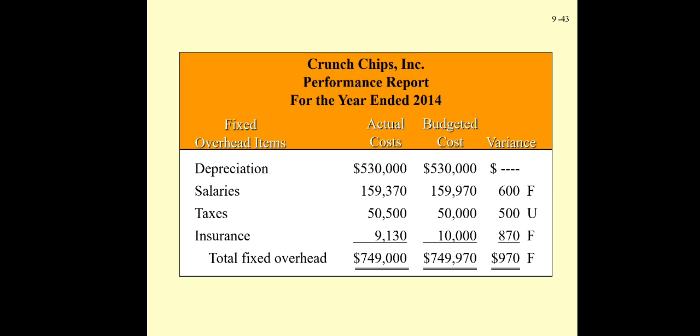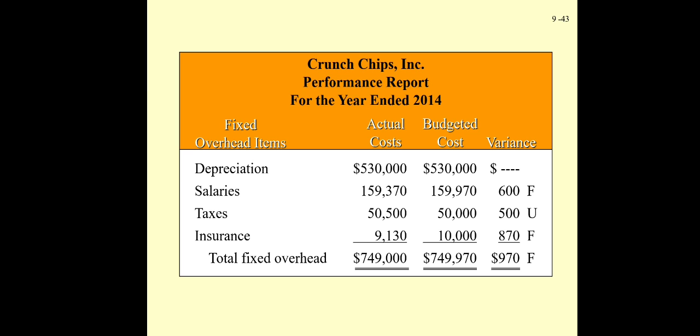Okay, this is another thing. See here, this is about the performance report. Like the thing that you have seen earlier, if you are asked to prepare a performance report, it means that you have to show the comparison between the actual cost and the budgeted cost. See here, the actual depreciation cost, salaries cost, tax cost, and insurance cost are compared with the budgeted cost.